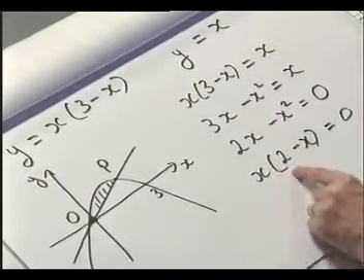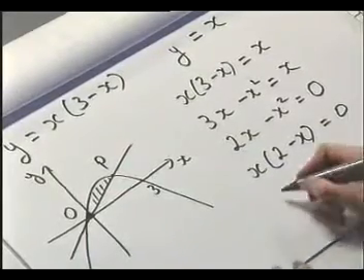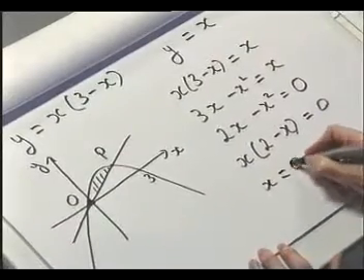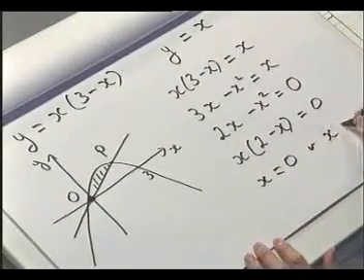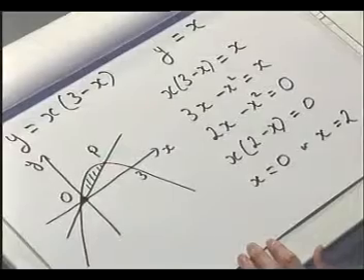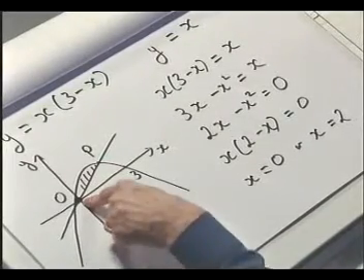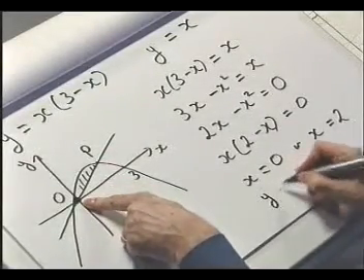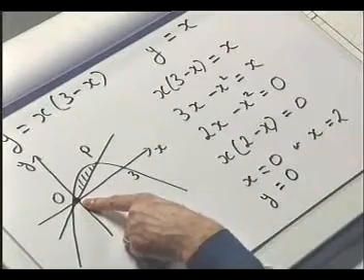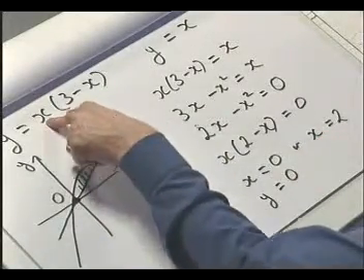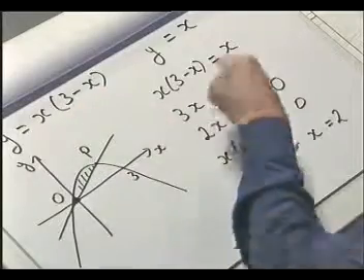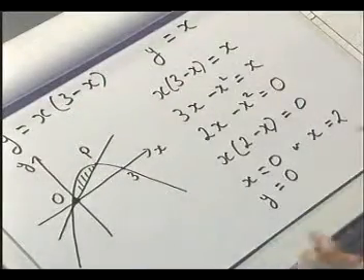Either the x can be 0 or the 2 minus x can be 0, so therefore x is 0 or x equals 2. So this is where x is equal to 0, here at the origin. When x is 0, y is 0. So we put 0 in there, we have 0 times by 3 is nothing. If we put 0 in there, we get nothing.